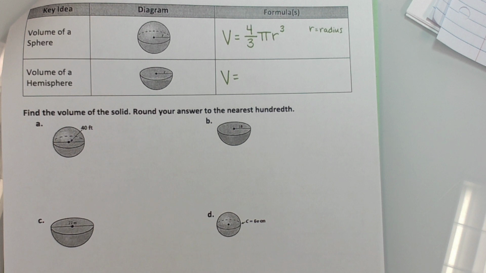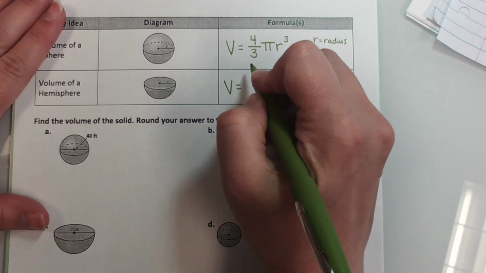To divide a fraction in half, you don't divide both the top and the bottom. You don't divide by the denominator, because if you divide the denominator, you're actually ending up multiplying it by something. 2/3 pi r cubed.